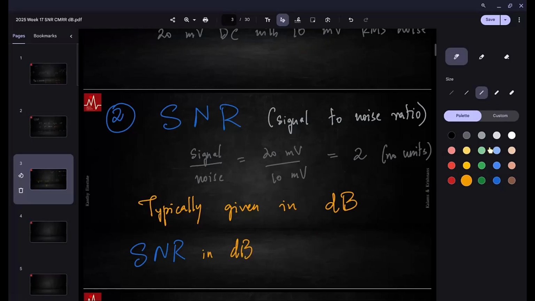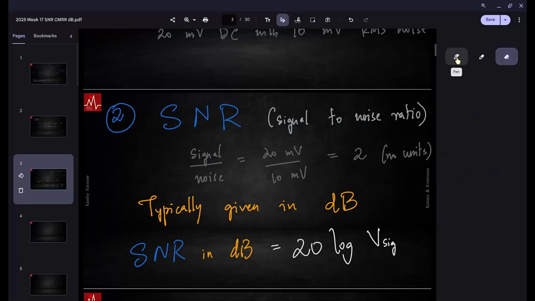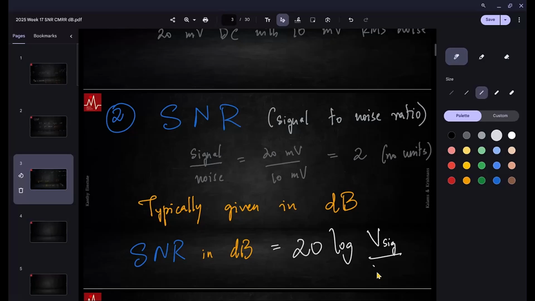This happens to be 20 log V signal by V noise, where I am writing voltage.